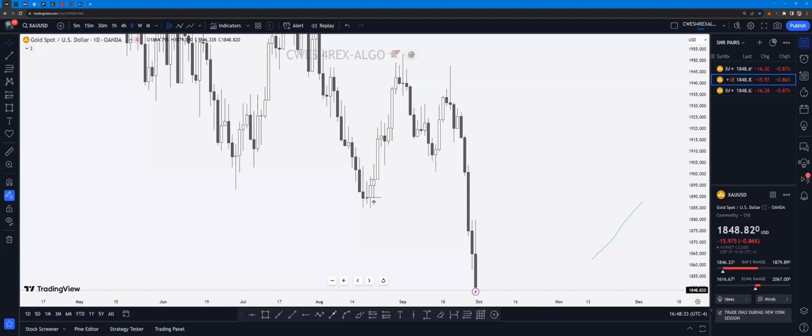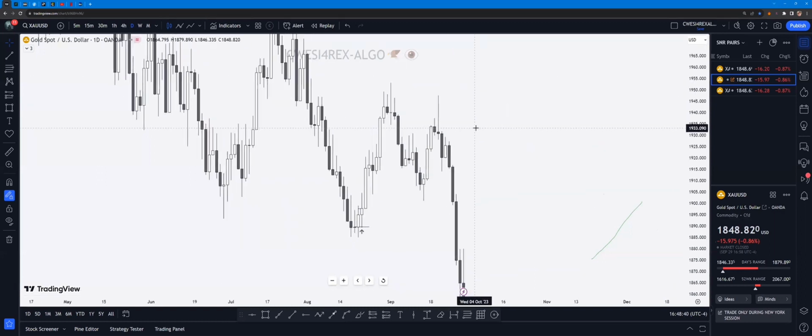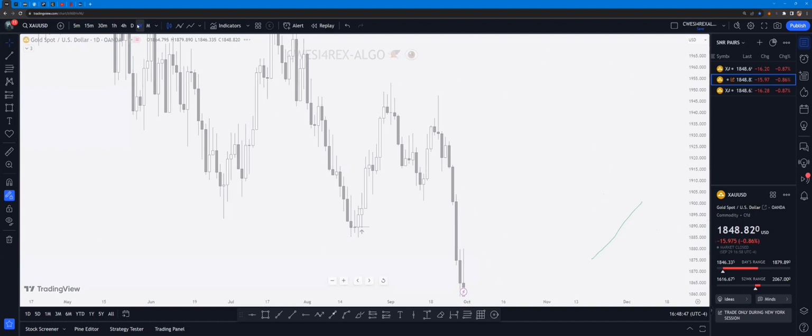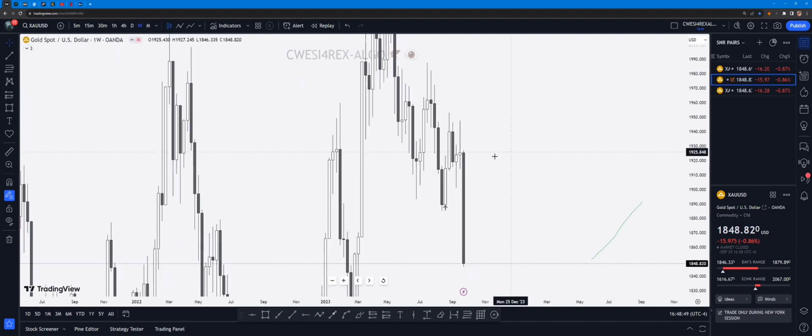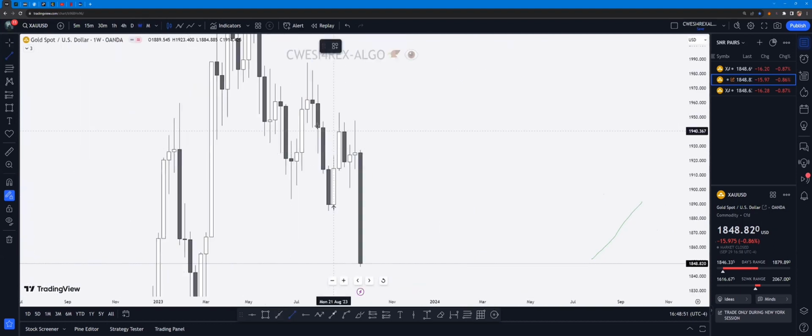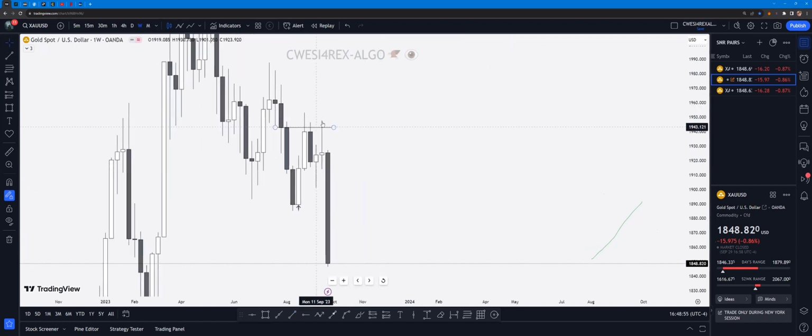On those two candles before the drop. All right, so this one. Yeah, so actually this over here is coming from this weekly level over here. So you can see weekly rejects weekly.